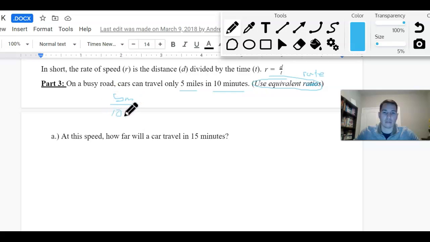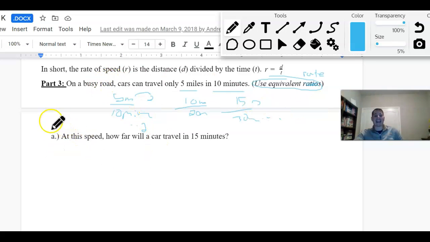Why don't you take a minute to write some equivalent rates? So the one that I came up with, if I have 5 miles, I times that by 2, times this by 2, I get 10 miles in 20 minutes. If I times by 3, I have 15 miles in 30 minutes. So those are some examples.